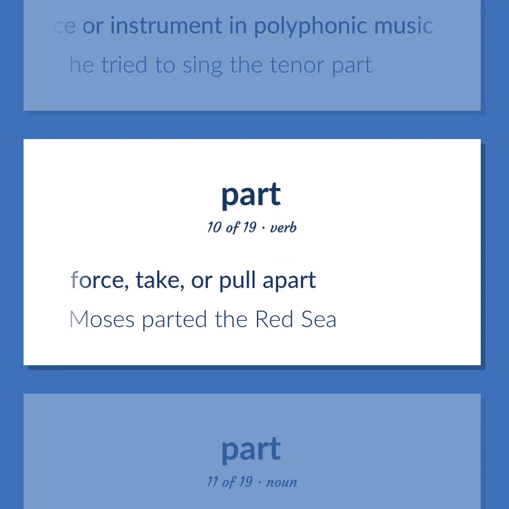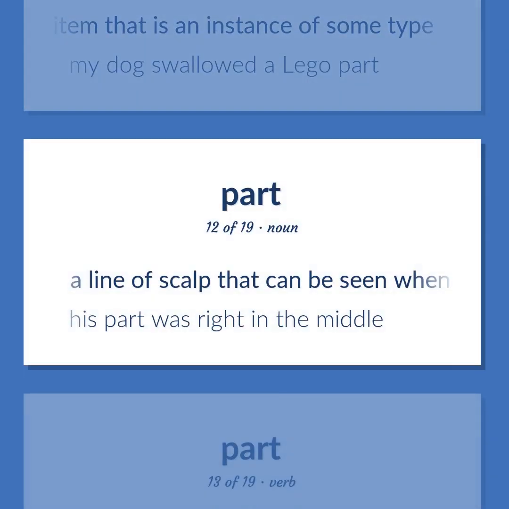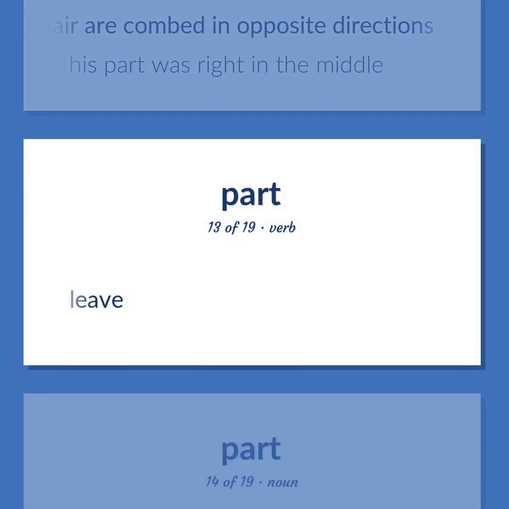Force, take, or pull apart. Moses parted the Red Sea. An item that is an instance of some type. My dog swallowed a Lego part. A line of scalp that can be seen when sections of hair are combed in opposite directions. His part was right in the middle. Leave.